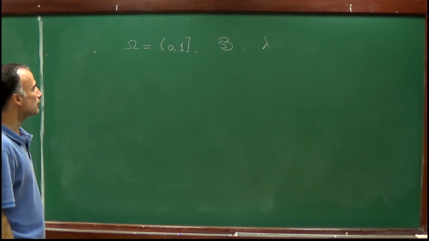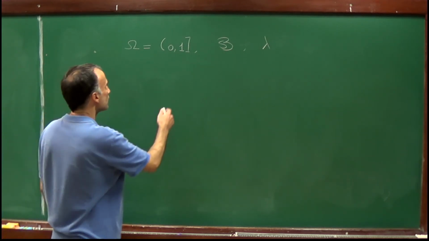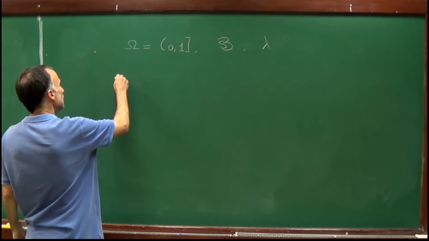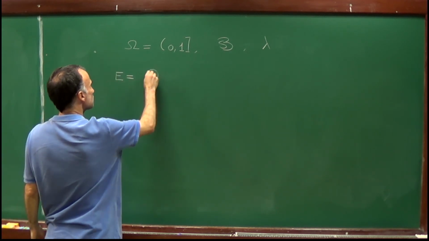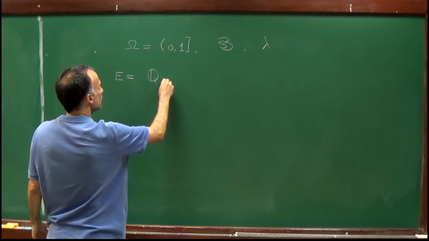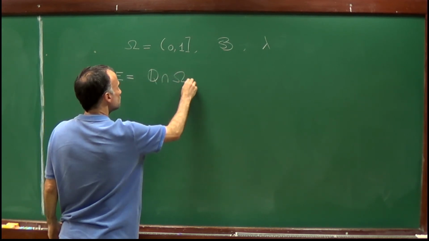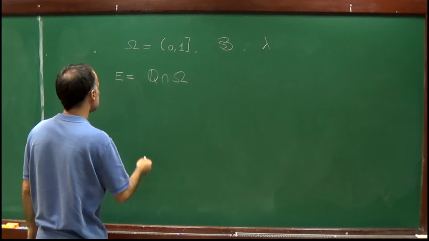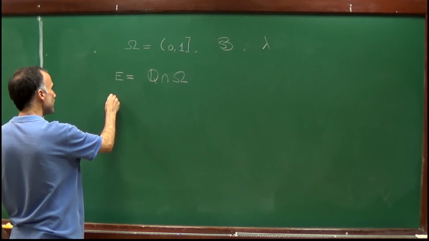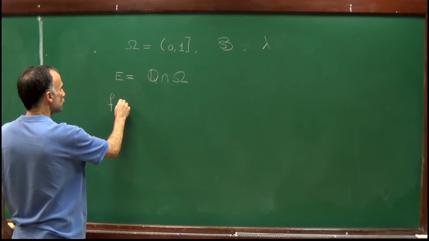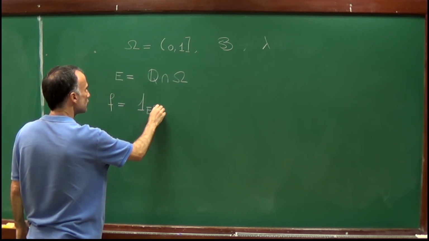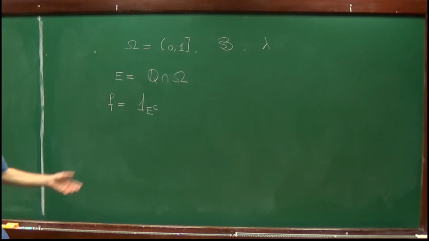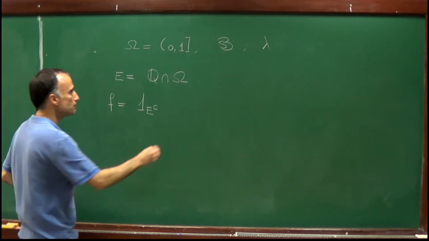So working with these sets, let's take E to be, let's say, the rationals intersection omega. And so now let's take the function f, which is the indicator of the complement of E in omega, right? So this is a simple function.